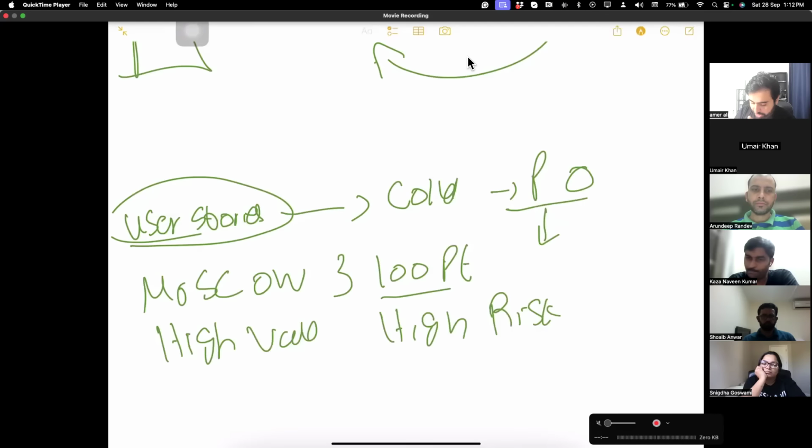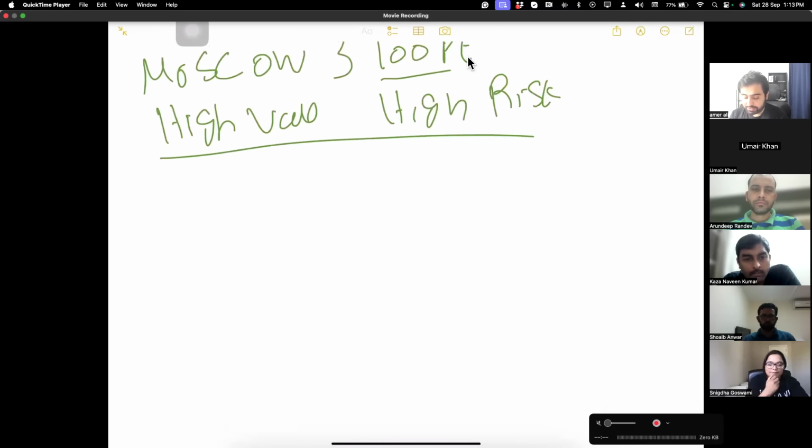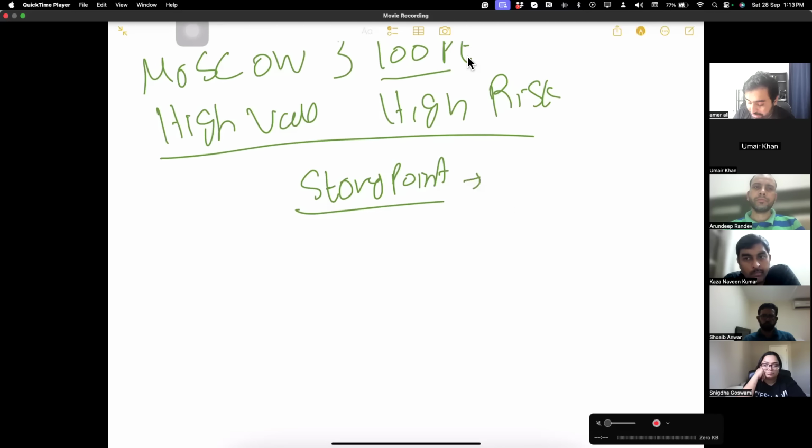So the product backlog is prioritized by high value, high risk. Then the team takes the product backlog and estimates how many story points each user story has. What are story points? Story points are basically how much effort it will require to complete the user story.